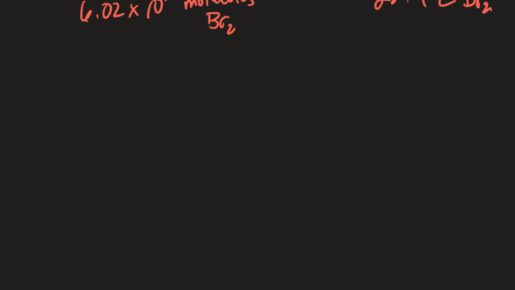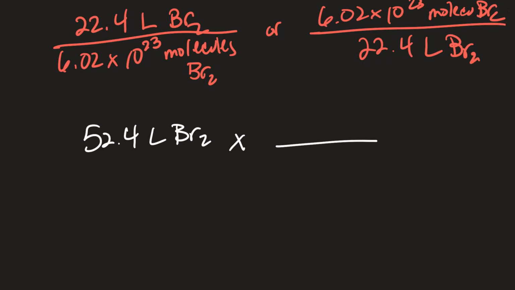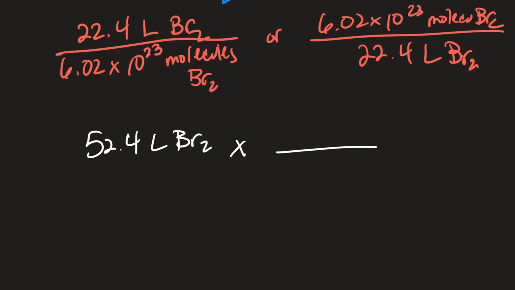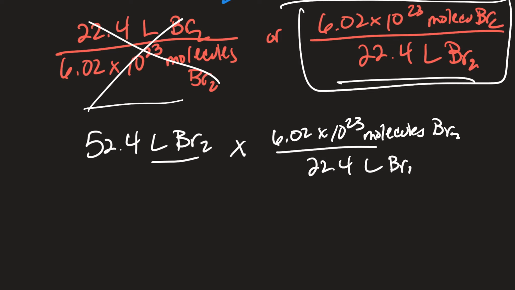So let's go back. 52.4 liters of Br2 multiplied by what? What conversion factor are we going to use to help us figure this out? You notice we've got liters of Br2. So are we going to use this one? Are we going to use this one? Hopefully you could quickly figure out that this is the right one and it's not this conversion factor: 6.02 times 10 to the 23rd molecules of Br2 over 22.4 liters of Br2.